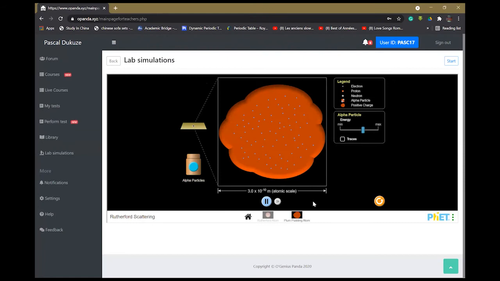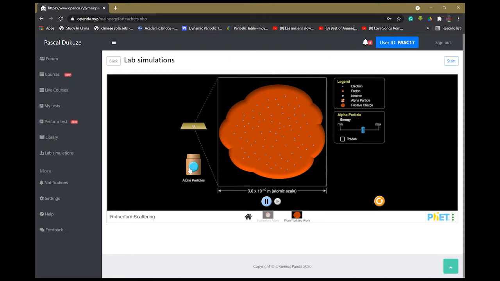Let's start with this part of the simulation, which shows what the observations of the experiment would be if the atom had a structure like the one suggested by Thomson, the Plum Pudding model. Here we have the alpha particles.